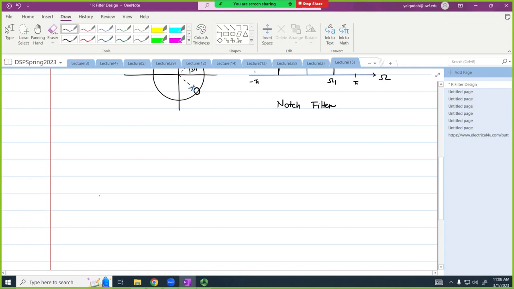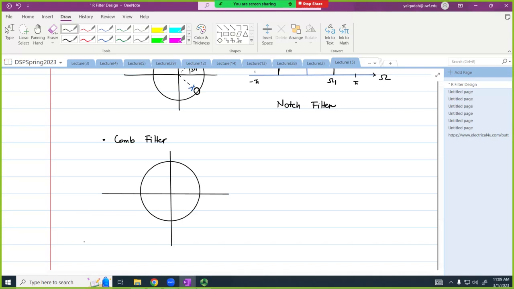Now, if we can do a notch filter, why can't we do a comb filter? What is a comb filter going to do? As the name implies, or does not imply, instead of having a notch filter that removes a single frequency, I can repeat them and remove multiple frequencies.